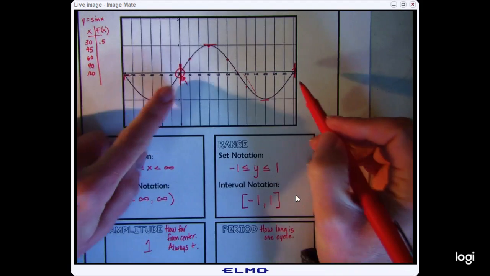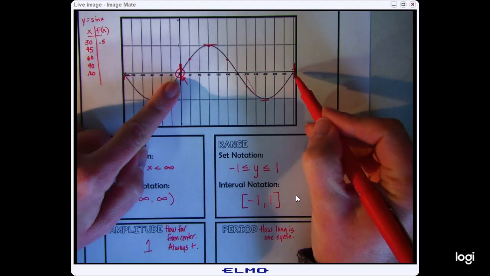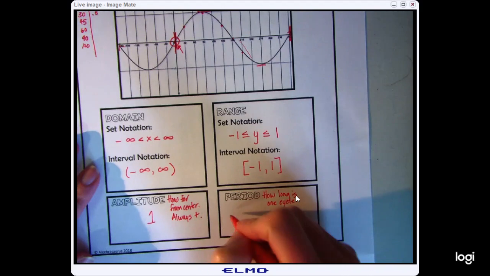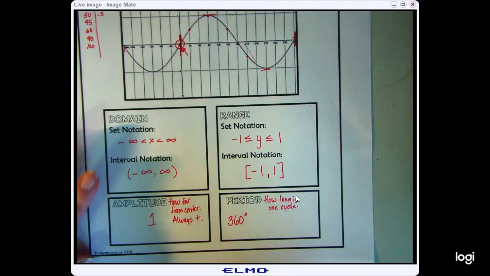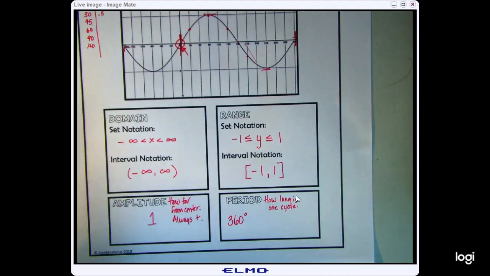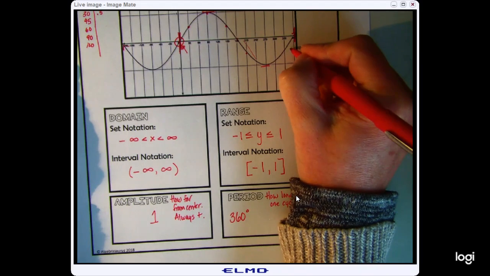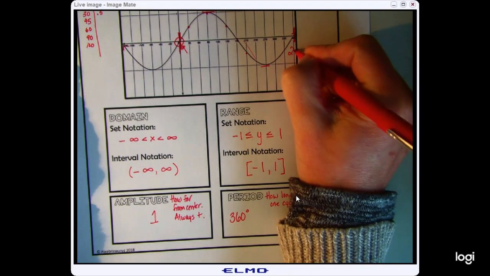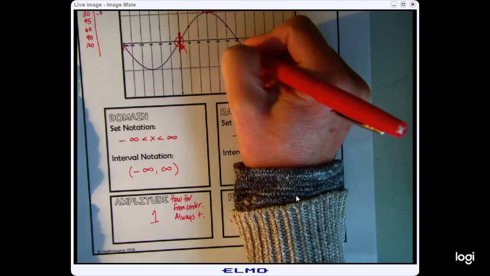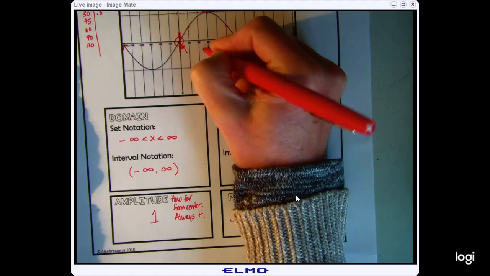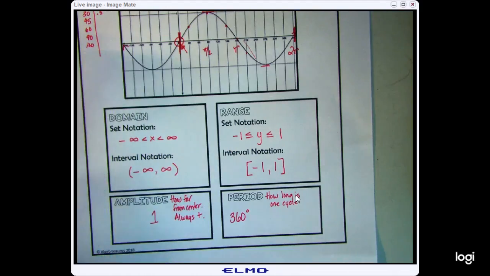So let's see, from 0 to 360 degrees. Now it could ask for radians too. So if you need to remind yourself that that is 2 pi, and here is pi halves, go ahead and go through and mark those if you need to, all right? So there is our sine wave.